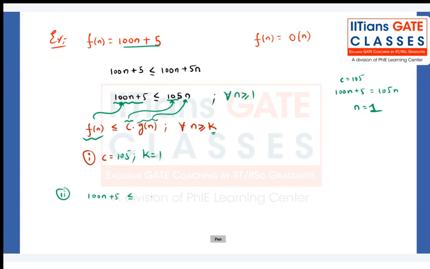This is also correct. So in this case, my c becomes 110. And to find k, I just need to equate it. So I can just equate 100n plus 5 equal to 110n, and in that case, my n would come out to be 0.5. So my k would become 0.5. So these constants are not unique. There is no uniqueness in this.